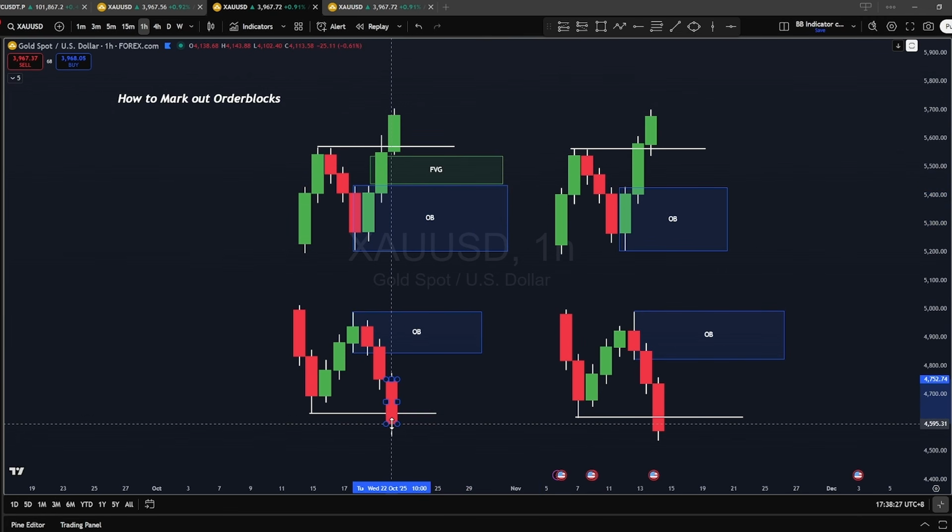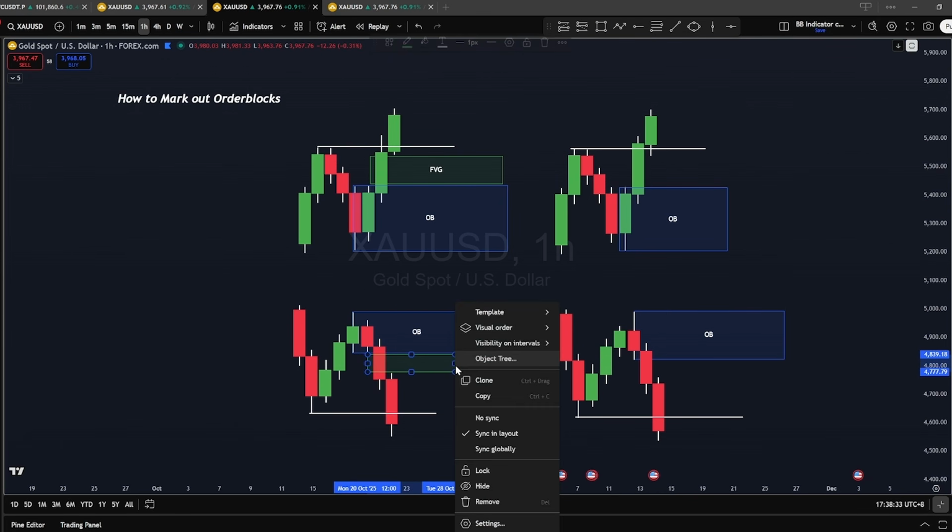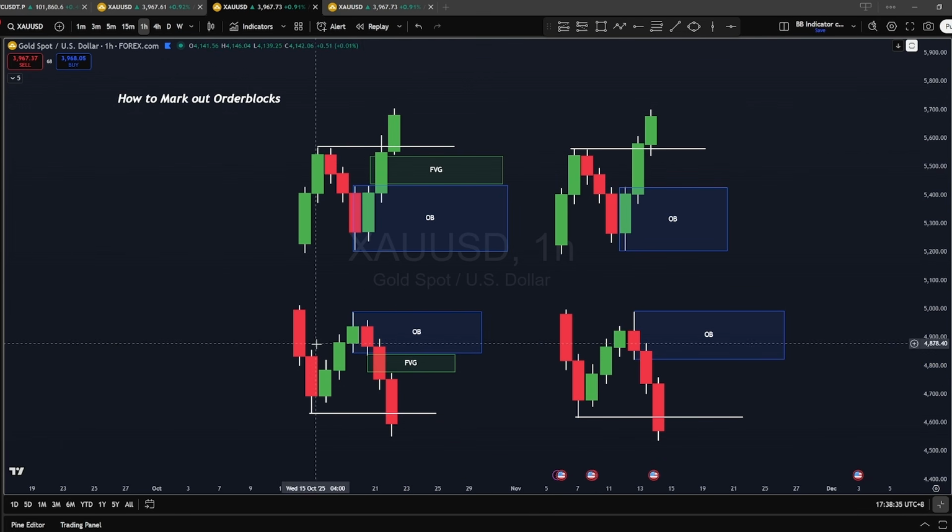If you see price action create a push towards the downside and create a bearish fair value gap, same exact thing. Right over here, you're going to see a bearish fair value gap, indicating that there is volume from the origin of the volume injection into the market to help price break past this low. So if price were to return into this level, there's a good chance price can look to reject from it again.